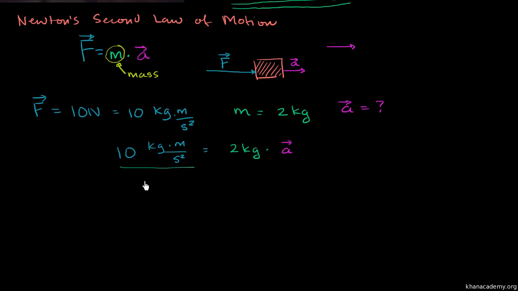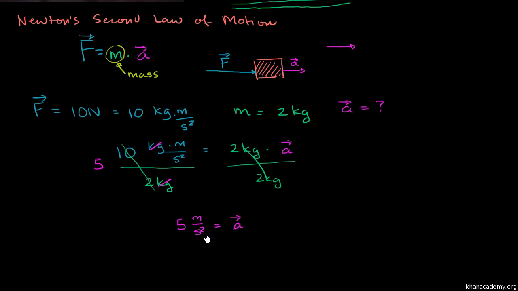That cancels out. 10 divided by 2 is 5, and kilograms cancel with kilograms. On the left-hand side, you get 5 meters per second squared.